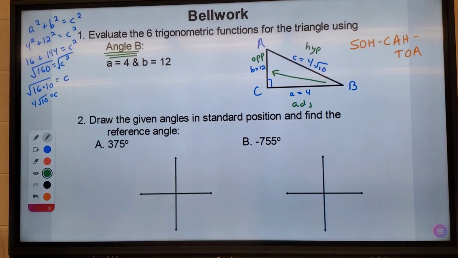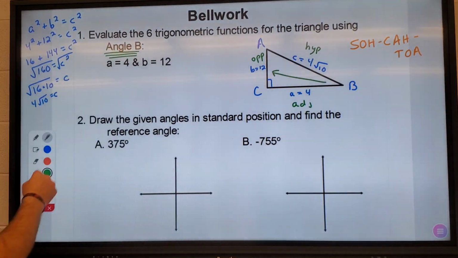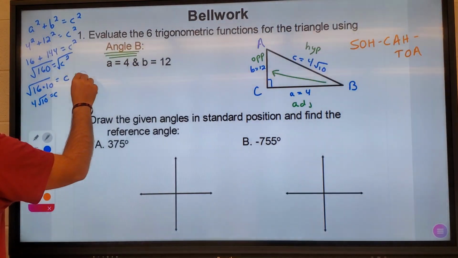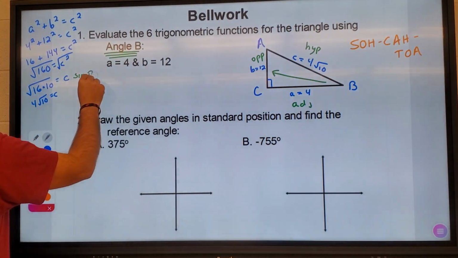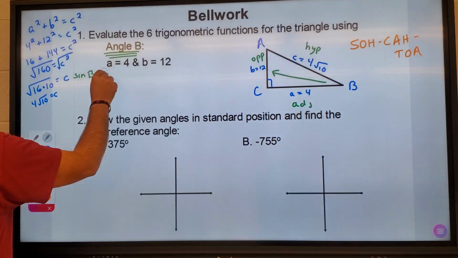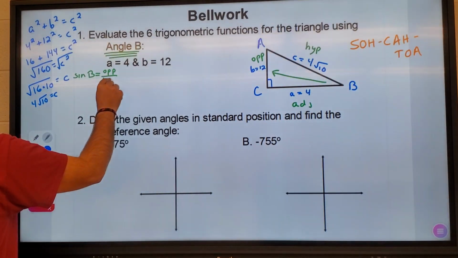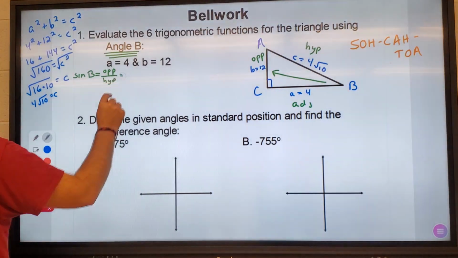Okay, so starting with sine, sine is the opposite, so sin of angle B is equal to the opposite divided by the hypotenuse. Okay.